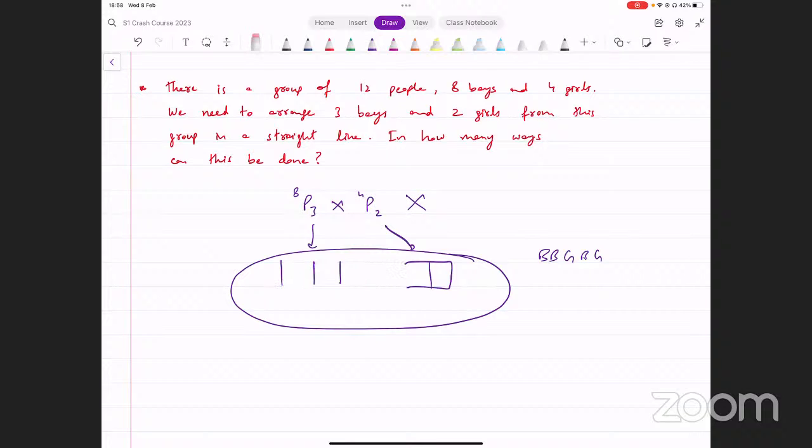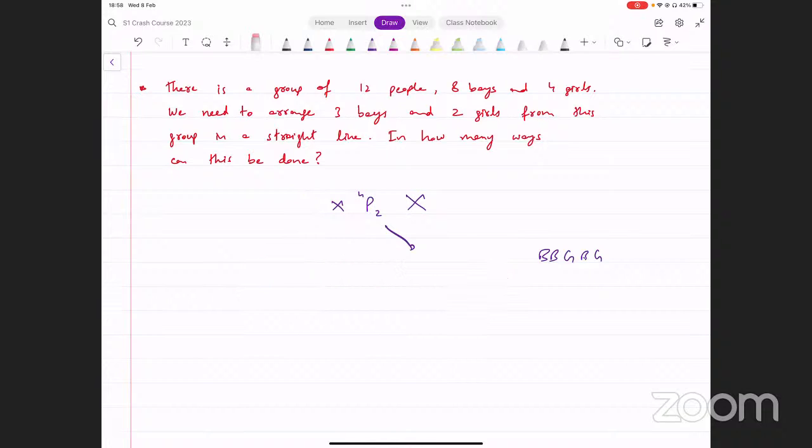What you'll have to do in this case is first choose those people considering the required condition. So you want 3 boys out of 8. That would be 8C3. And you also want 2 girls out of 4 girls. That would be 4C2. Now, this ensures that you have selected the right number of people, right?